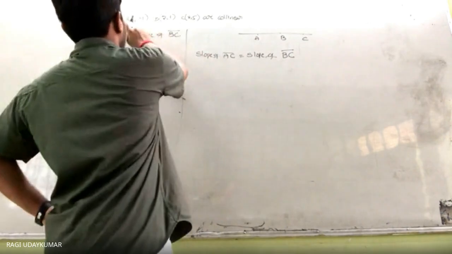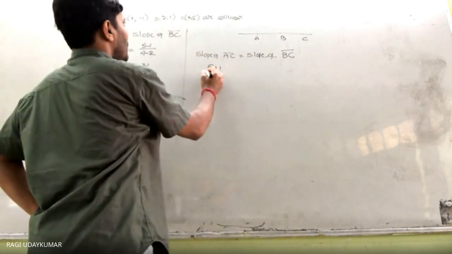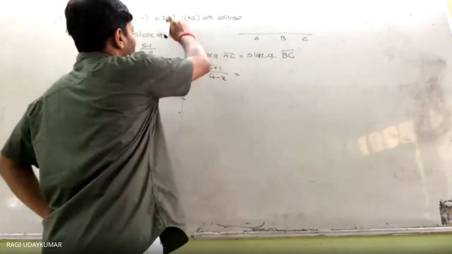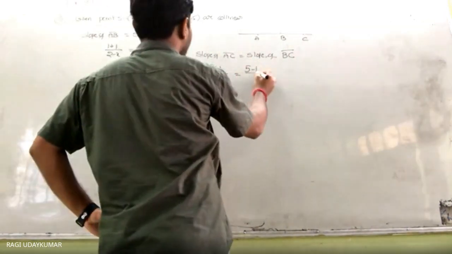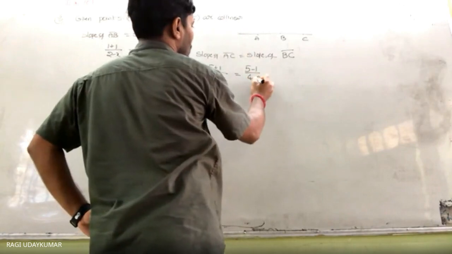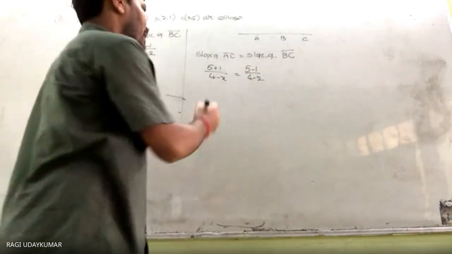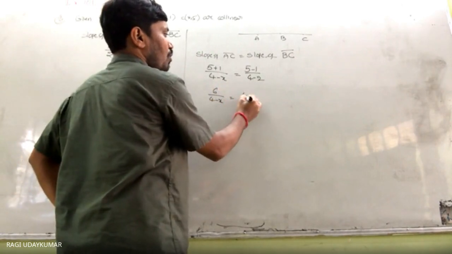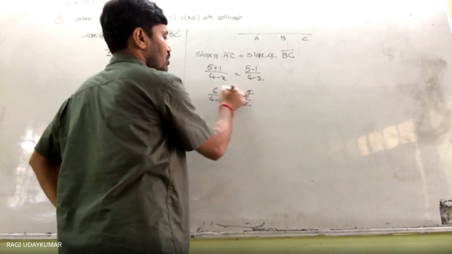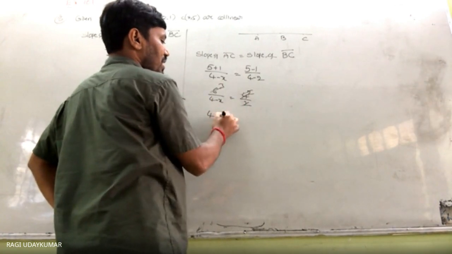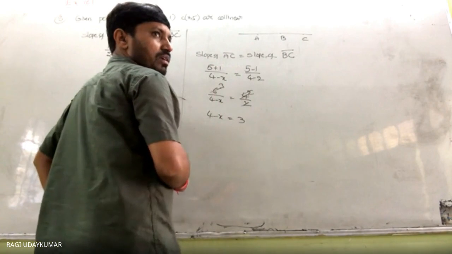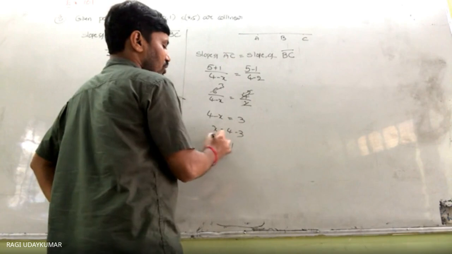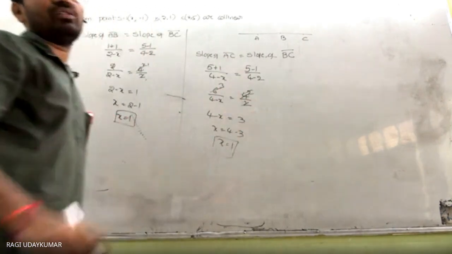Slope of AC, that is A and C: 5 plus 1 by 4 minus x equals the slope of BC, 5 minus 1 by 4 minus 2. So what do you get here? 6 by 4 minus x equals 4 by 2. Two ones are 2, two threes are 6. We get 4 minus x equals 3. Cross multiplication. So x equals 4 minus 3. If you do it like this also, it is right.